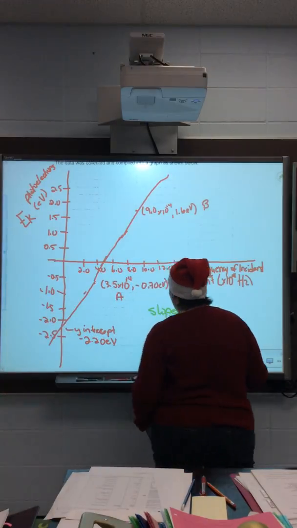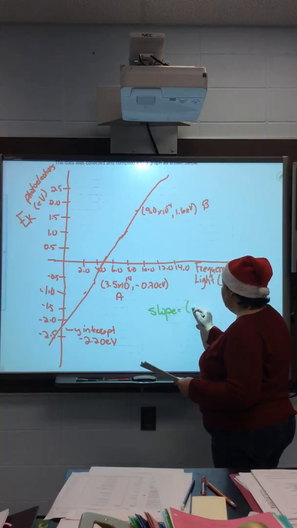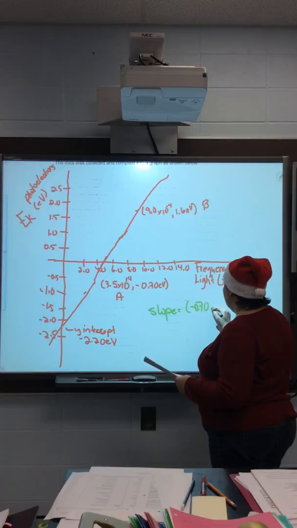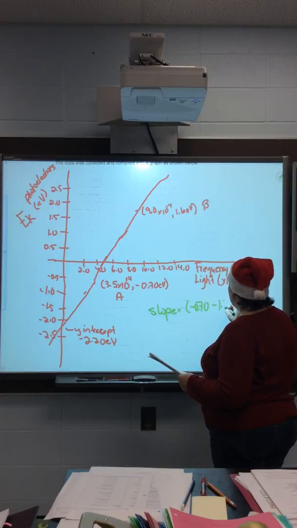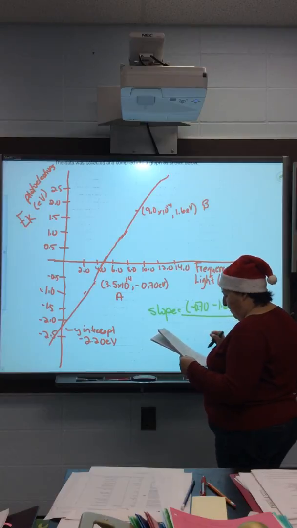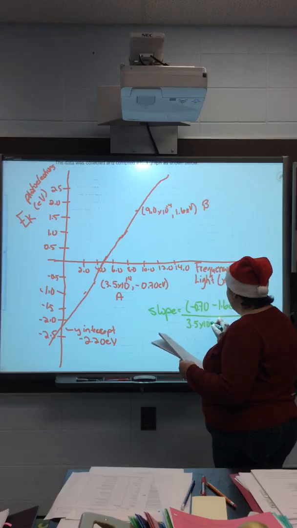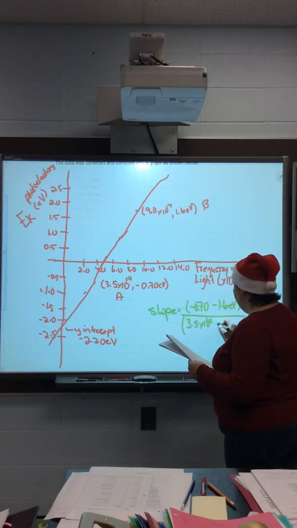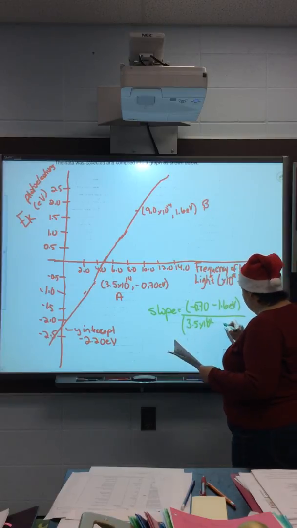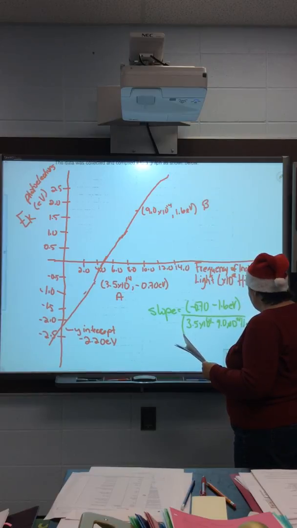So slope equals rise over run. So 1.6 electron volts minus negative 0.70 electron volts over 9.0 times 10 to the 14 minus 3.5 times 10 to the 14 hertz.